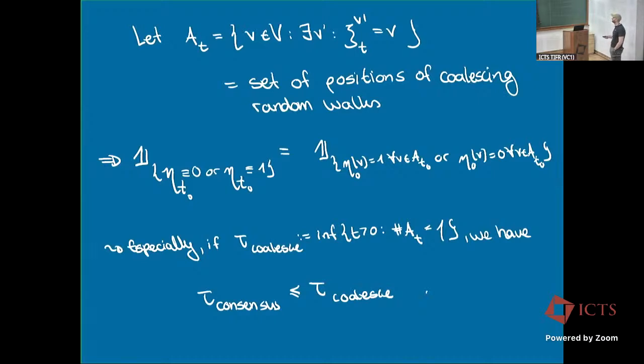Especially if we define the coalescence time to be the first time where all the walkers have coalesced down to just one walker, then consensus is definitely reached, right? Because then it will definitely be constant on this one position. So you have that tau consensus is smaller than or equal to the coalescence time.